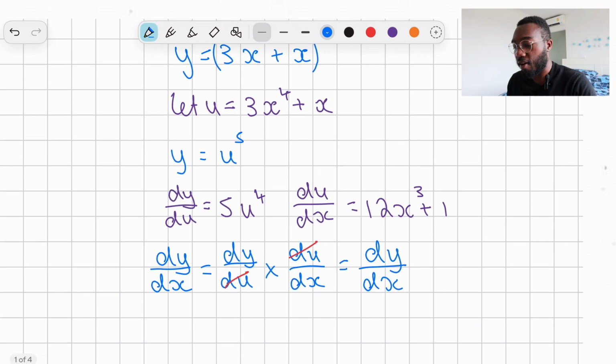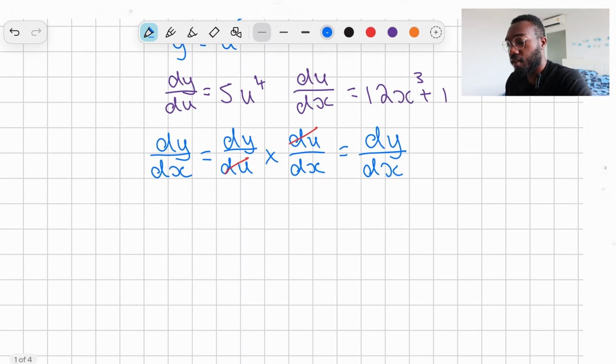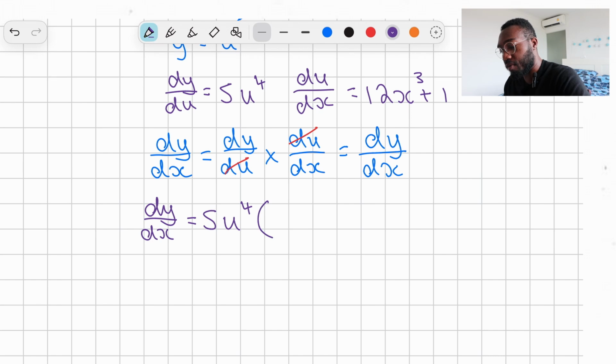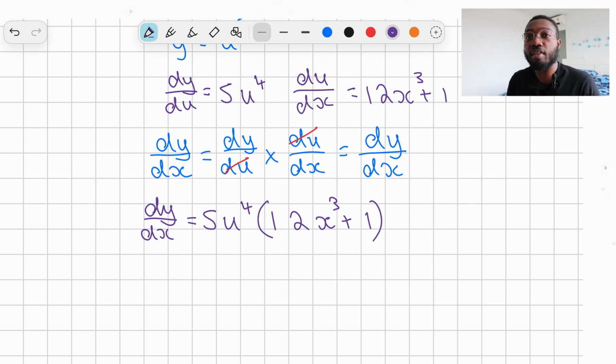So if I scroll up now, if we just do that, what do we have? Well, we'd have dy over dx equal to 5u^4 times by 12x^3 + 1. Okay, so that's dy over dx. And now all we need to do is substitute back in our original expression for whatever u was.